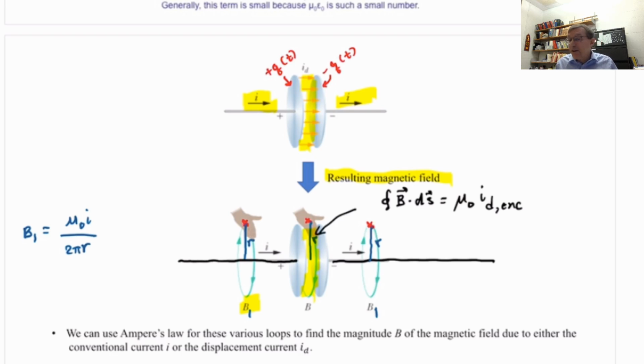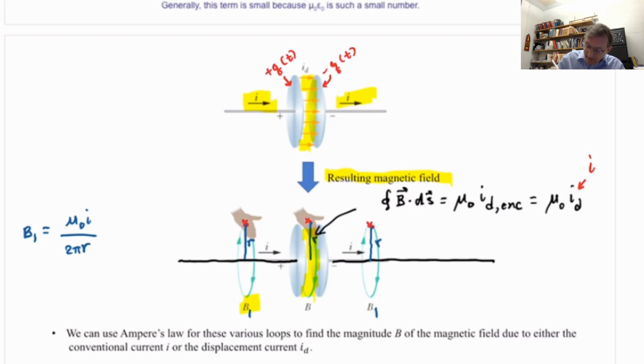Because for this loop now in the middle, there is no conventional current piercing it. Because remember, we're in the region between the plates. There is displacement current. Now, it so happens that our loop here encircles all of the displacement current. All of it. So you can just write that as I_D. And that I_D is numerically equal to the I in the wires. Okay?